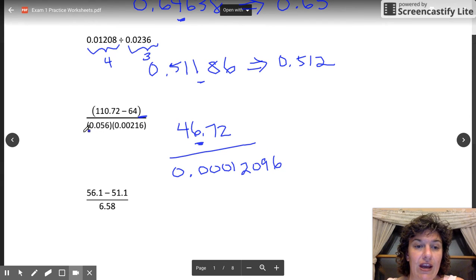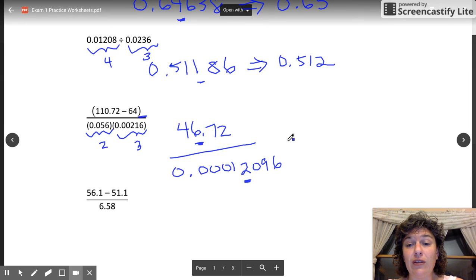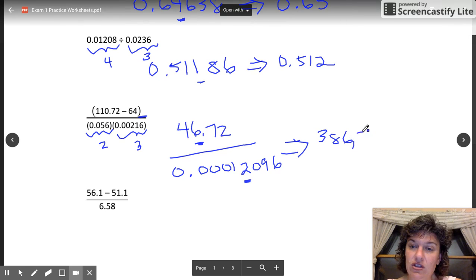0.00012096. Now over here we have 2 sig figs, and over here we have 3 sig figs. So we want to keep only 2 sig figs, which means this is our last one. So we have 2 sig figs here divided by 2 sig figs here, which we need to end up with only 2 sig figs. So we get 386,243.386.